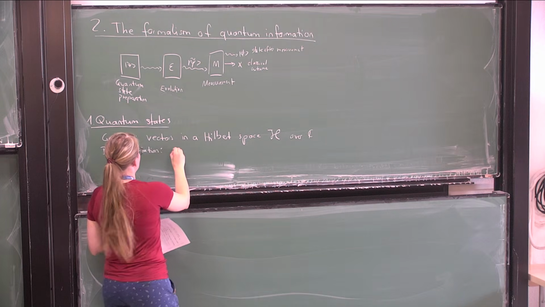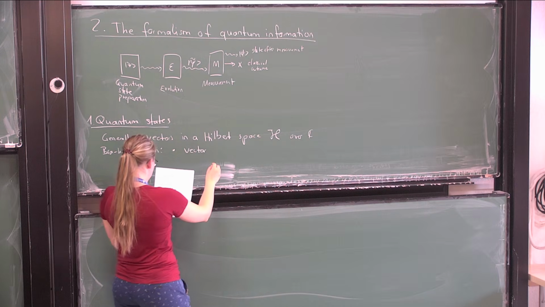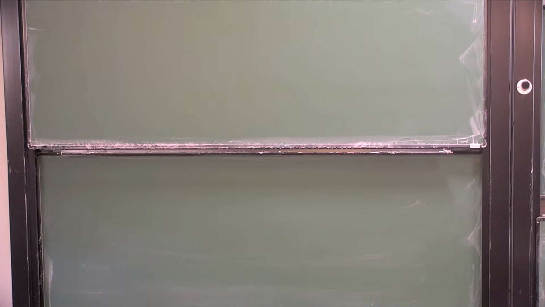So we say a vector in H is denoted like this. I wrote it up there. This is a ket vector. And then we need the dual vector for that.